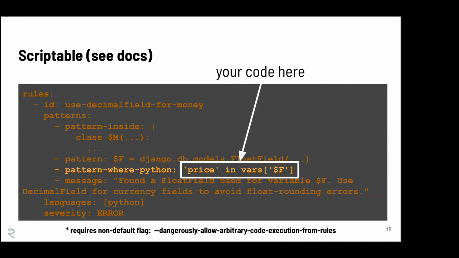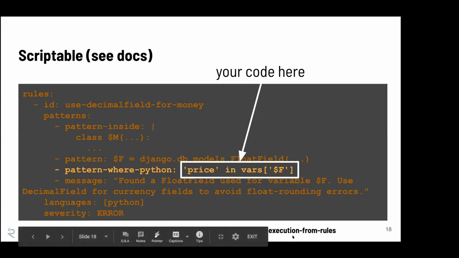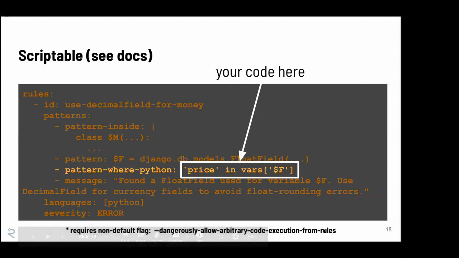But we acknowledge that's potentially dangerous, so you have to pass in a flag that says, I acknowledge that if I'm using a malicious rule, it could run some code on my machine and do whatever. But you can write arbitrary Python in a Semgrep rule as well if you need to extend its current capabilities.